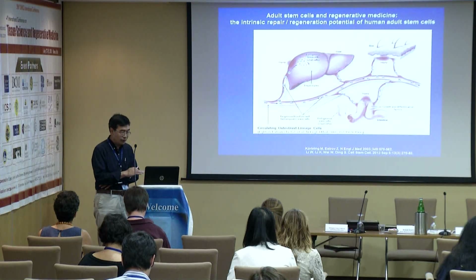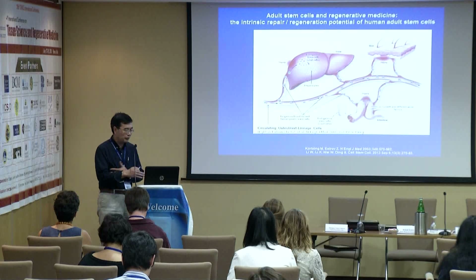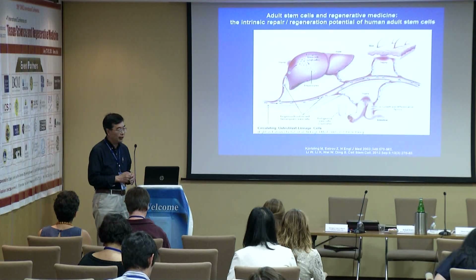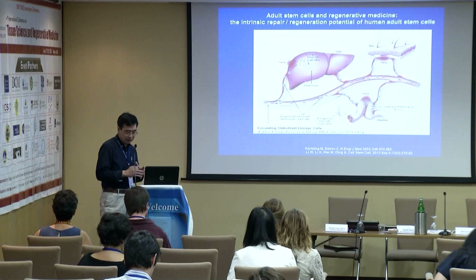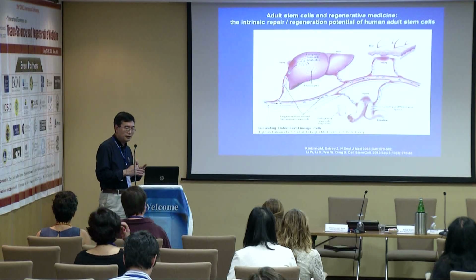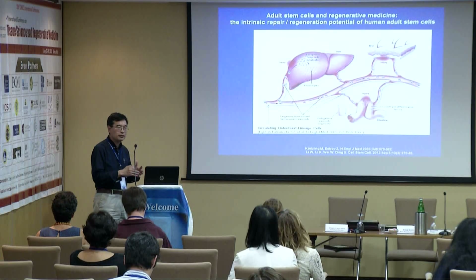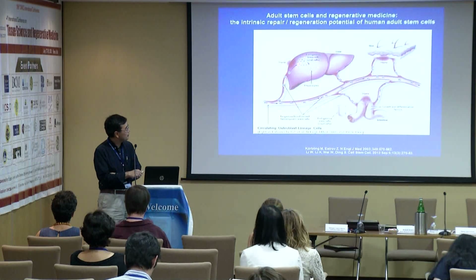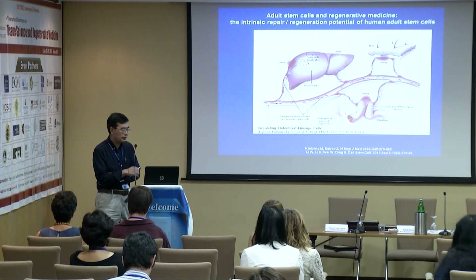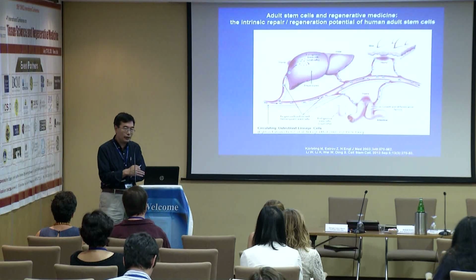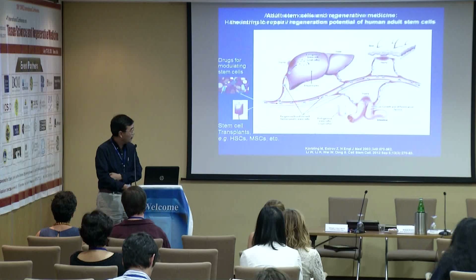When we're young, in most cases the local stem cells or the circulating stem cells can repair most of the damage. When we become aged, the adult stem cell regenerative capability decreases, either because we have fewer stem cells in the tissue, or the adult stem cells lose repair function.